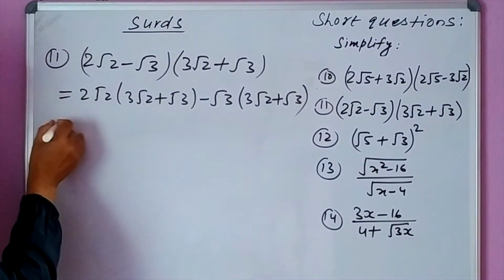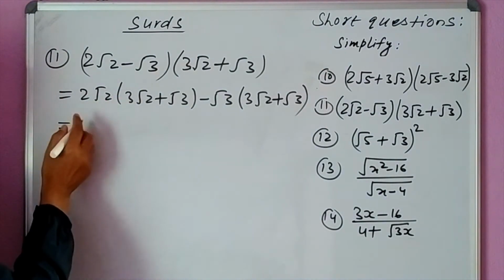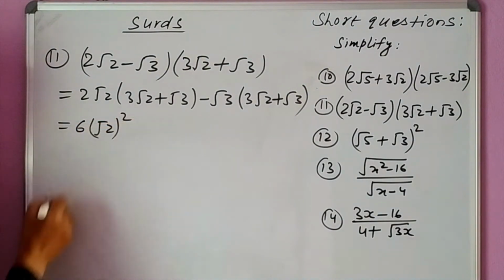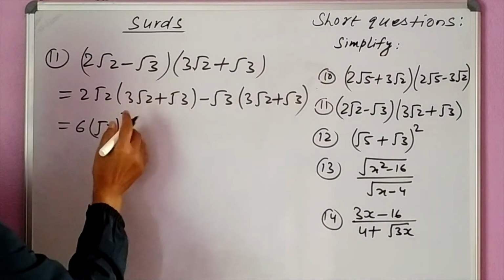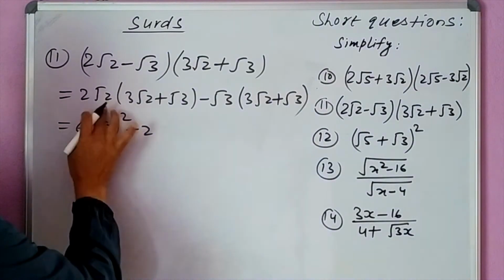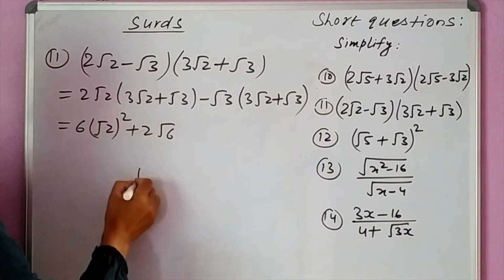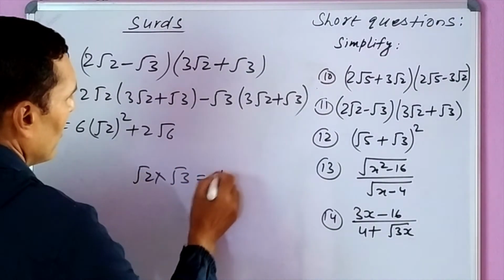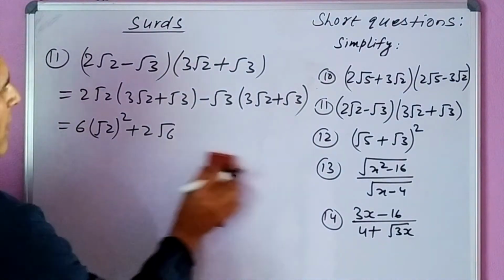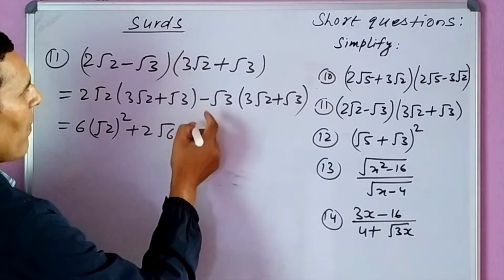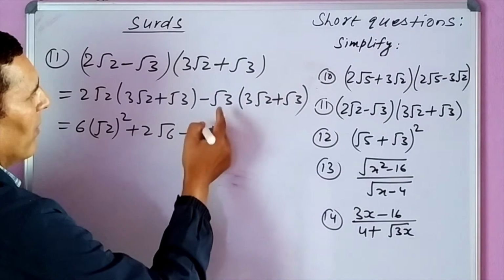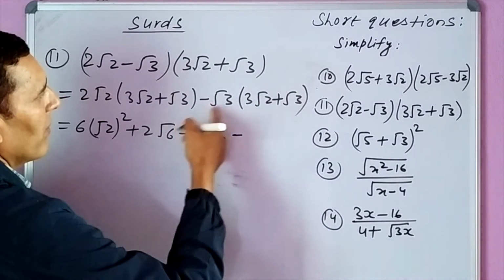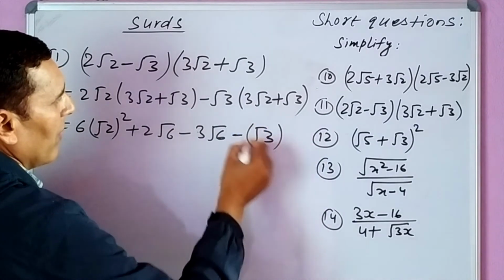Now open the bracket. 2 into 3 is 6, root 2 into root 2, root 2 whole square, here it is 2. And root 2 into root 3 is root 6, because they have the same order, 2 and 2, so it is root 6. Similarly here, 3 and root 2 into root 3 is root 6, and minus root 3 into root 3 whole square.